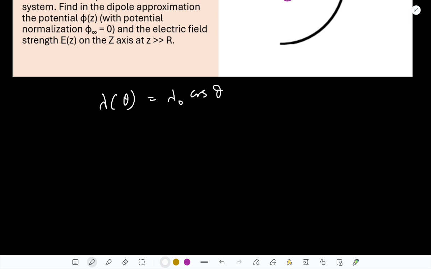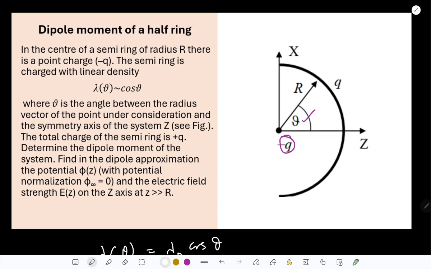We can do this by writing q equals the integration of lambda theta dl. To find dl we can take a small angle d theta here, so that this length becomes r d theta, and this is the value of dl.